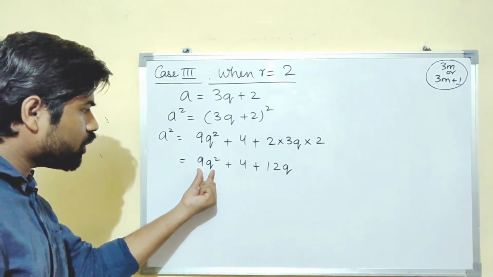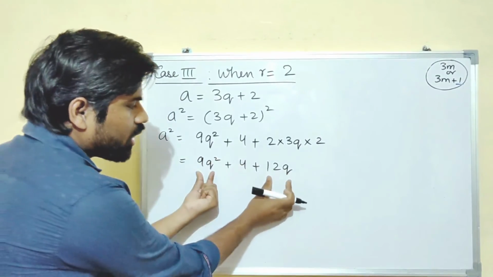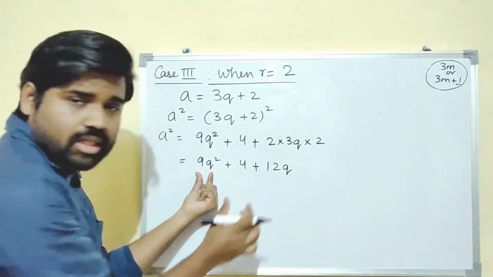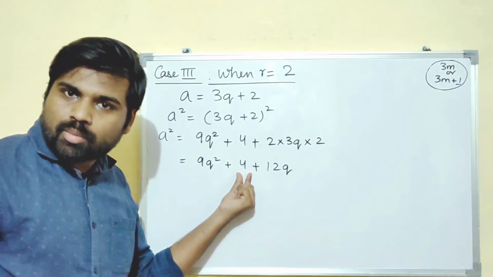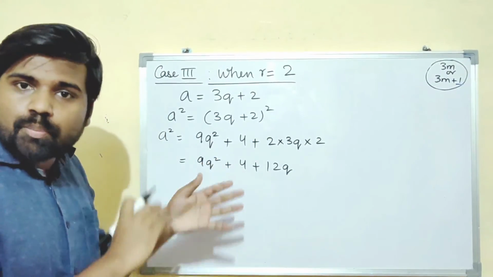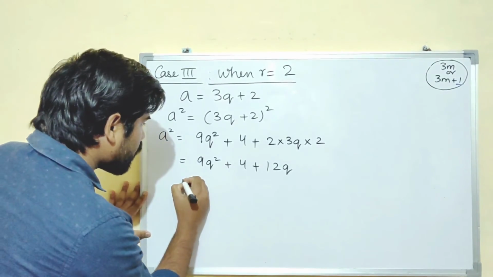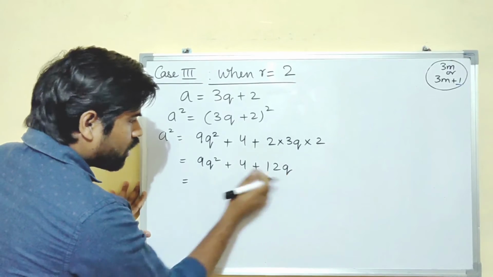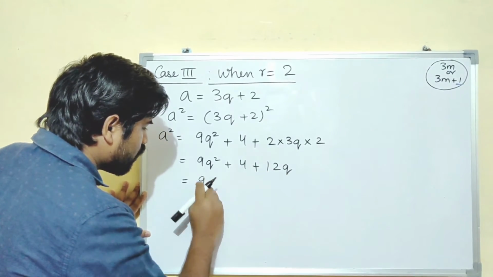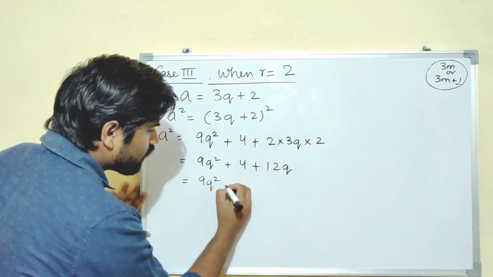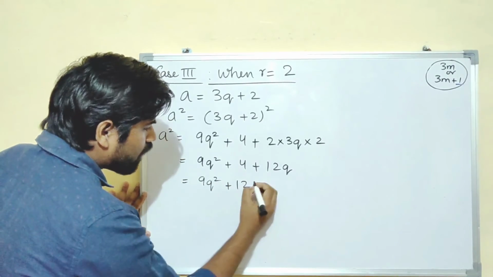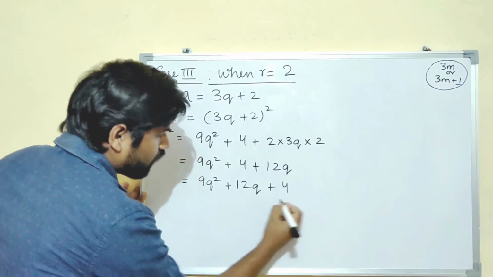You can see that you can take 3 common from here and here, right? But you cannot take 3 common from 4. But we can break 4 to get 3. Let us see how. Let us first write together the both numbers from which we can get 3 as common. So 9q square plus 12q plus 4.